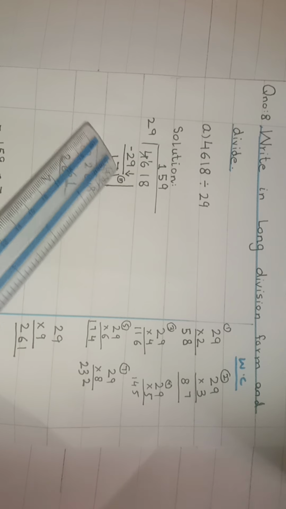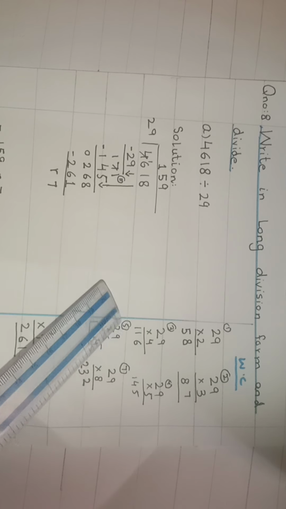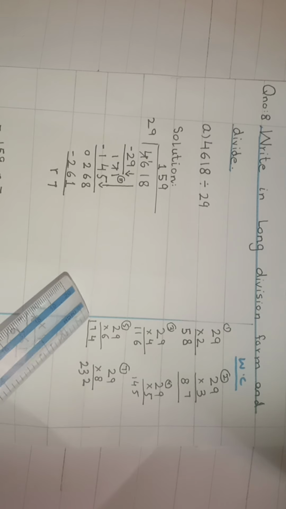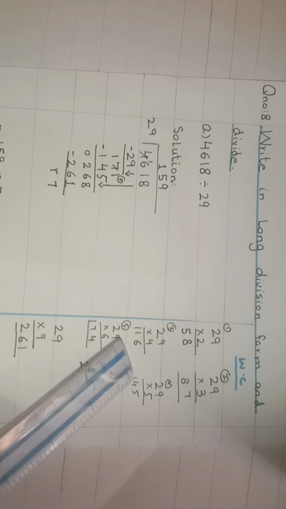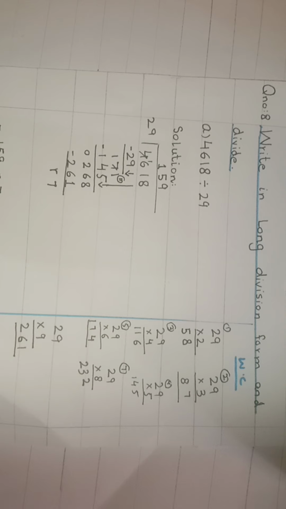Now let's find out what is nearer or equal to 171 in the 29 table. It's 29 fives are 145, because 29 sixes are 174, which is greater than 171.